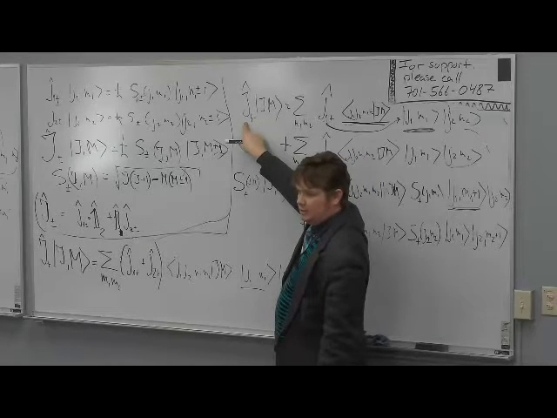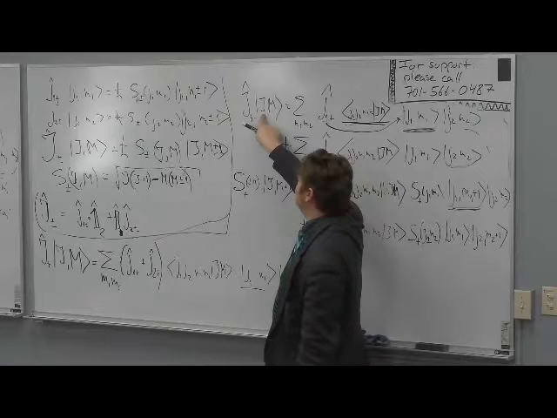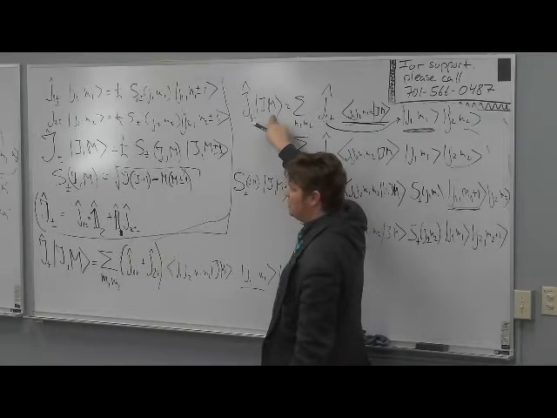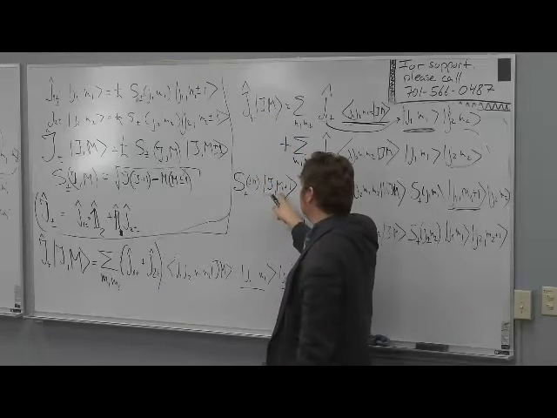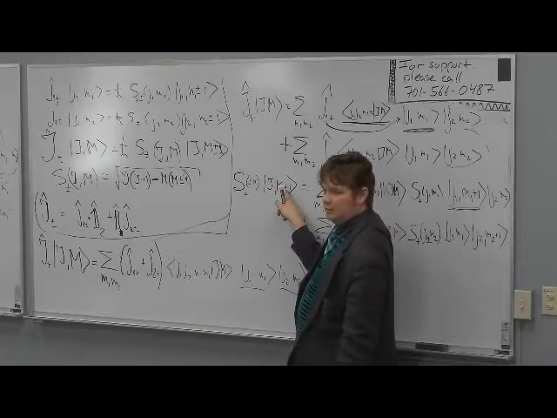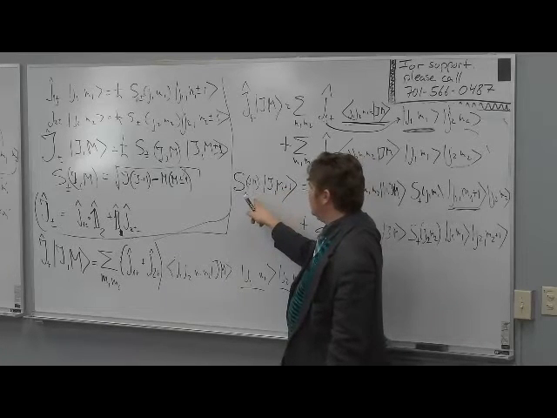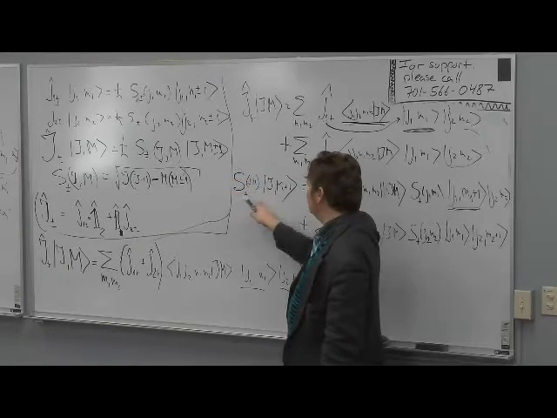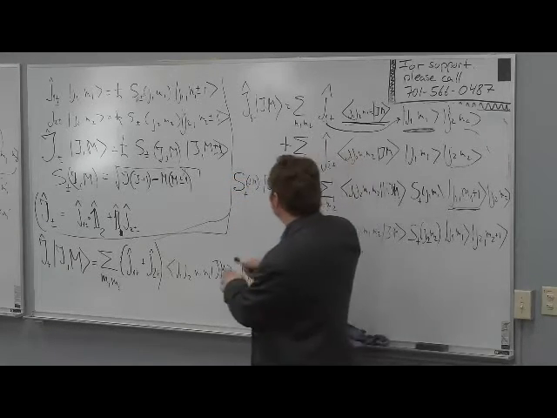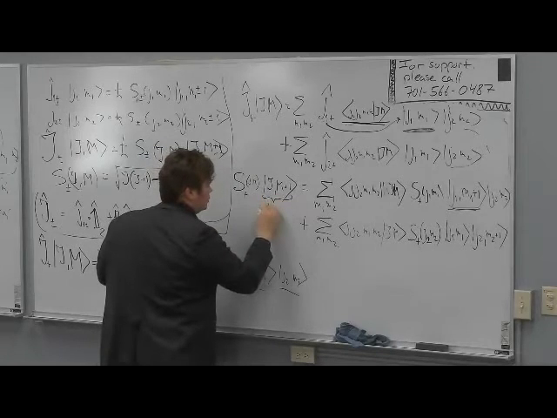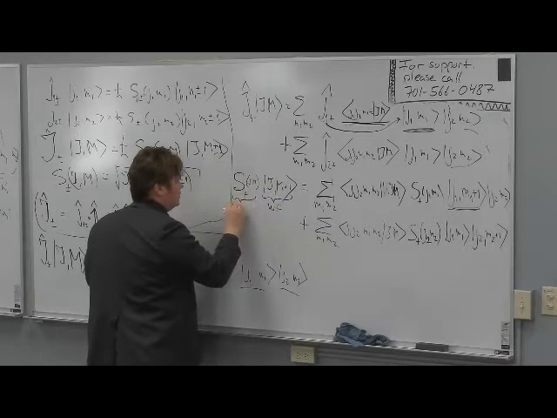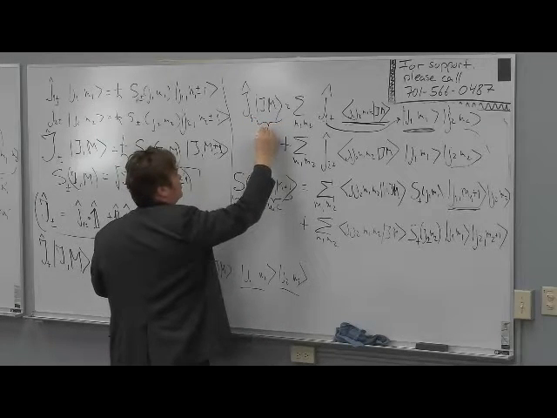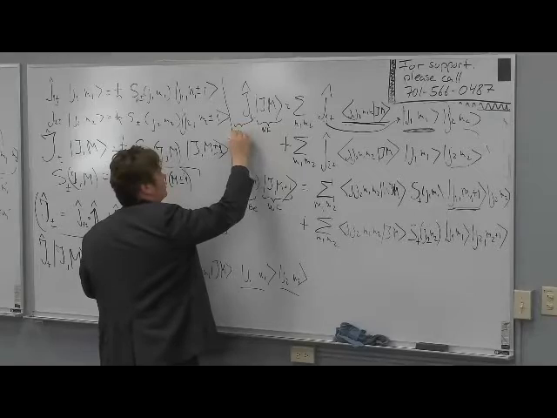Operator J plus acts on the state J M. As a result, we move in the space of indices by incrementing M to M plus 1, and we get a factor, which is not an operator anymore. It's just a factor in front of this wave function. So this is a wave function, and this is a number. Oh, okay. This is a wave function, and this is an operator.